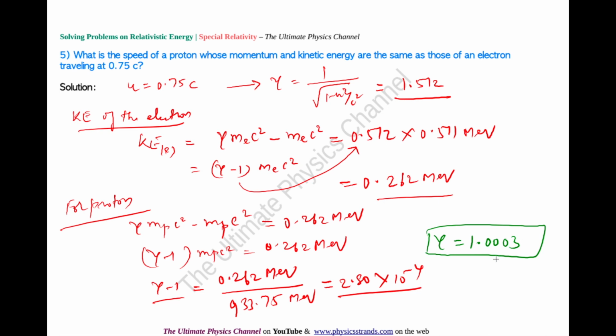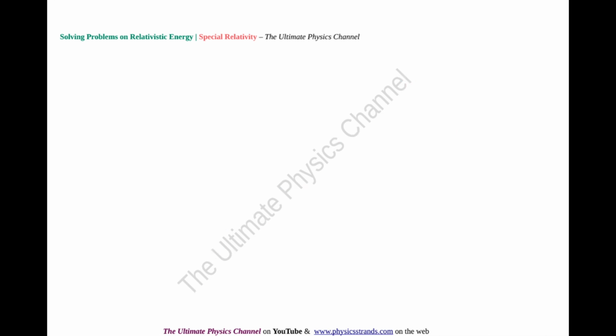Now for this gamma, you can calculate the speed, right? So the speed of the proton: gamma is 1 over square root of 1 minus u squared over c squared, which is 1.0003.